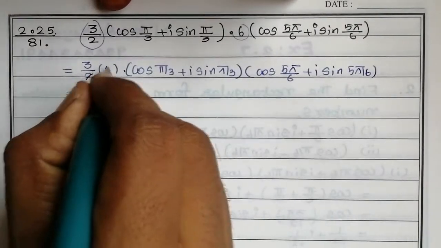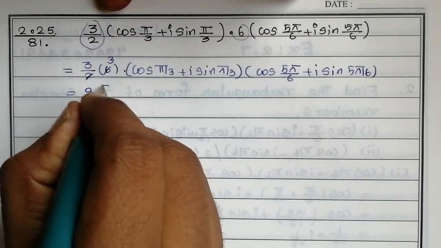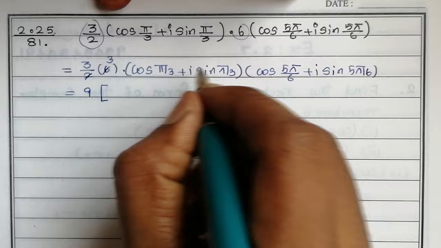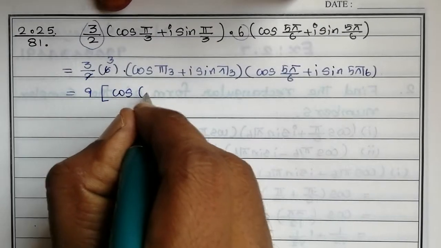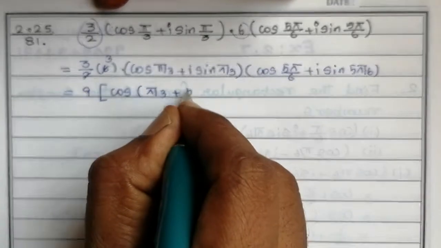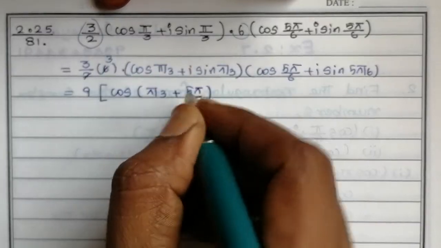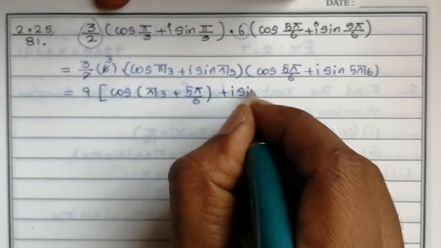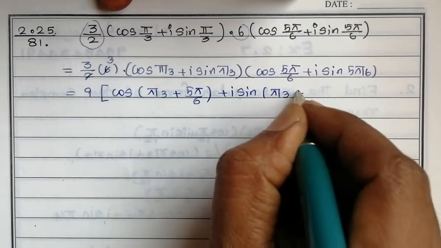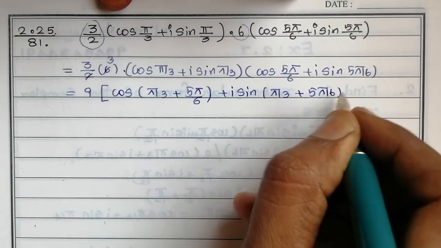So this is 9 into, simply we add the arguments: cos of pi by 3 plus 5 pi by 6 plus I into sin of pi by 3 plus 5 pi by 6.